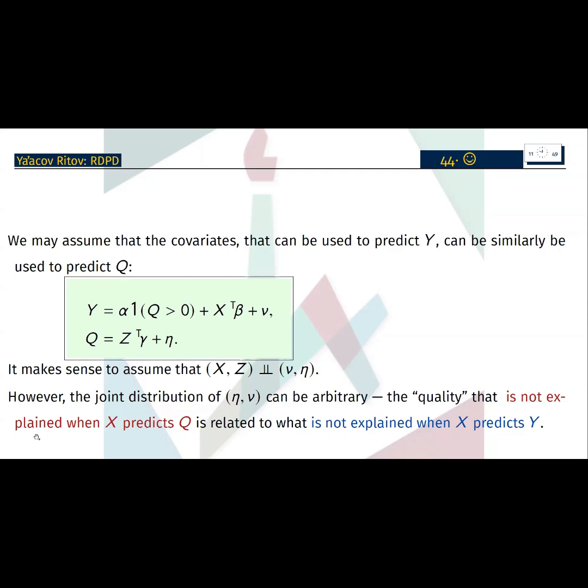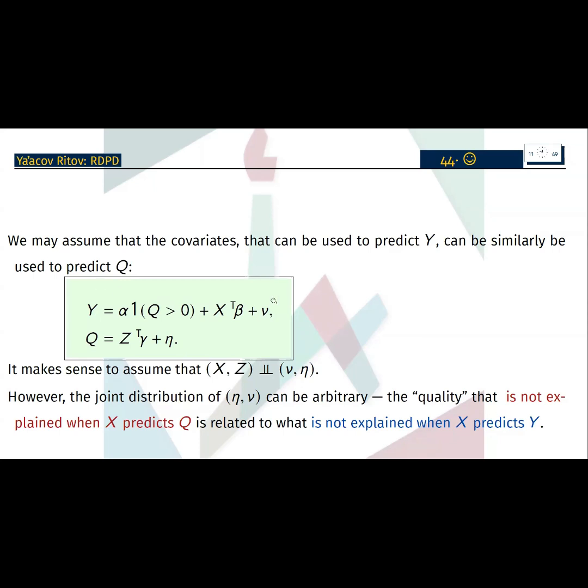So x and z are the same. My point of view is that if I can explain your grade post-admission, I can explain q, which is your score pre-admission.